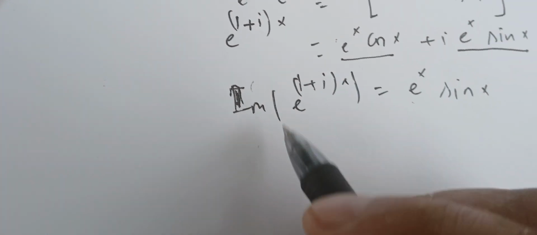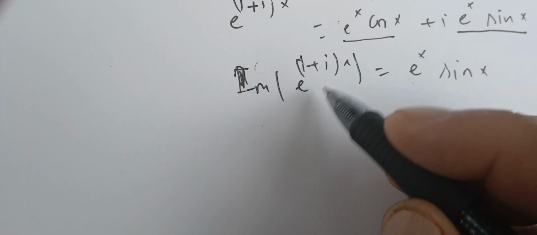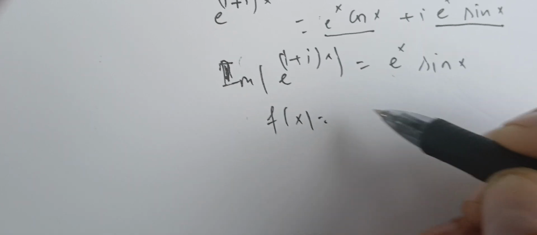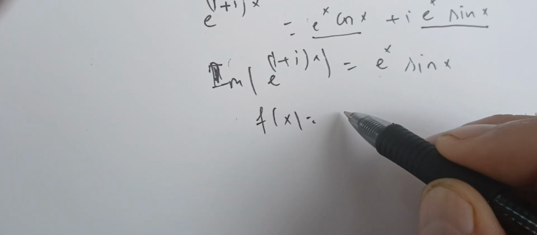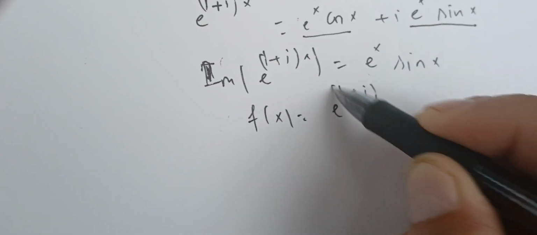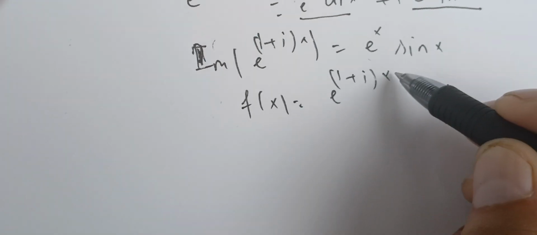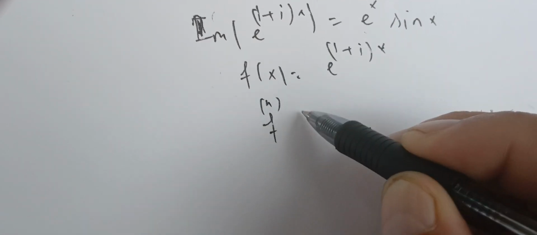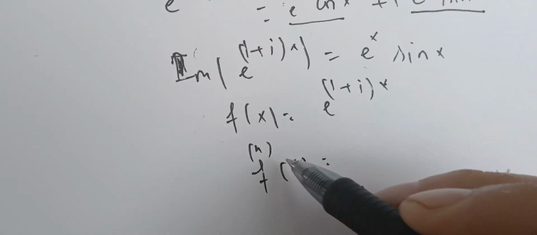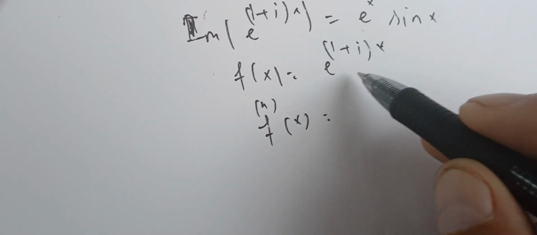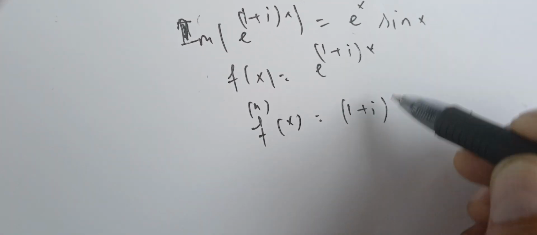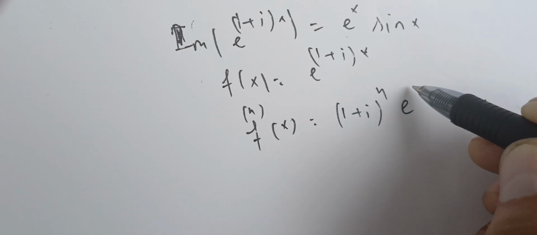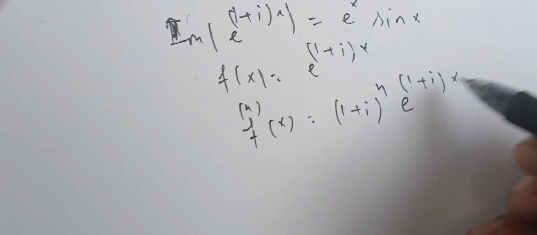One key idea is that if we treat this one, let's call it f of x, as e to the (1 plus i)x, then the derivative of order n of this function is (1 plus i) to the power n times e to the (1 plus i)x.